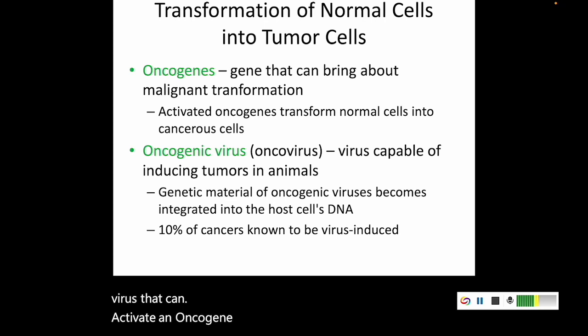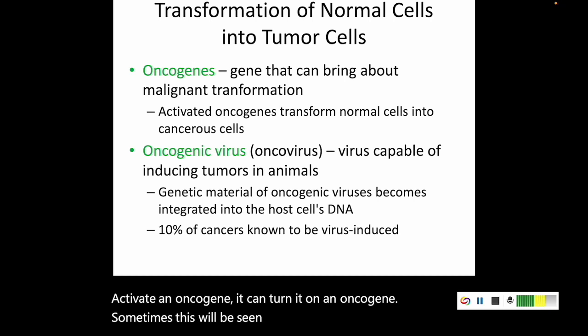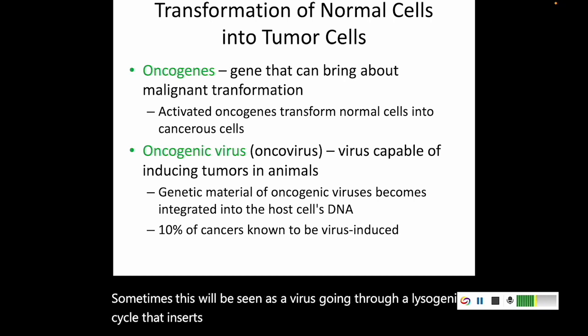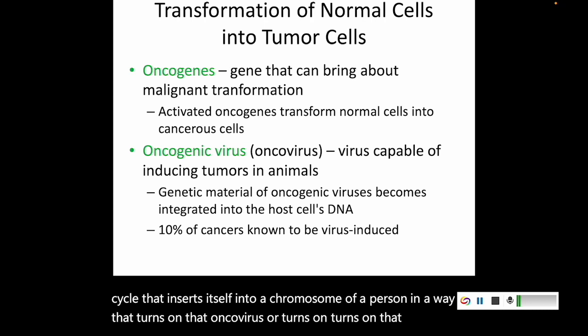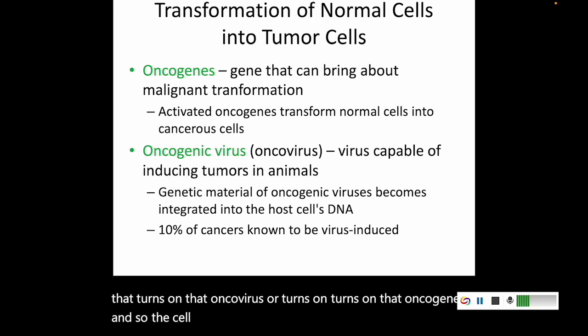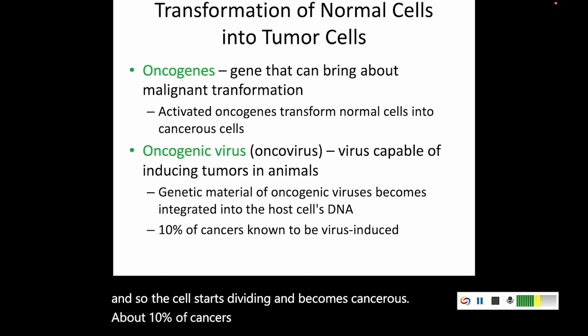It can turn on an oncogene. Sometimes this will be seen as a virus going through a lysogenic cycle that inserts itself into a chromosome of a person in a way that turns on that oncogene. And so the cell starts dividing and becomes cancerous. About 10% of cancers are known to be virus-induced.